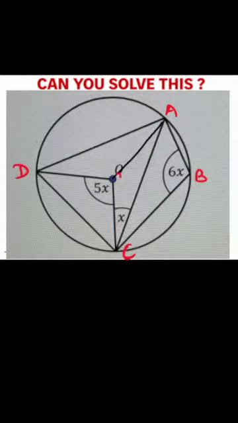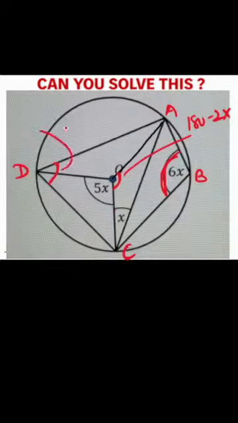First, I'm going to solve for this angle. As this is an isosceles triangle AOC, this is x, this is x, this is going to be 180 minus 2x, right? This angle is 180 minus 2x, correct? Now this angle is 6x. D is going to be supplementary to this one. So if this is 6x, D is going to be 180 minus 6x, because it is a cyclic quadrilateral. Now look at D carefully.